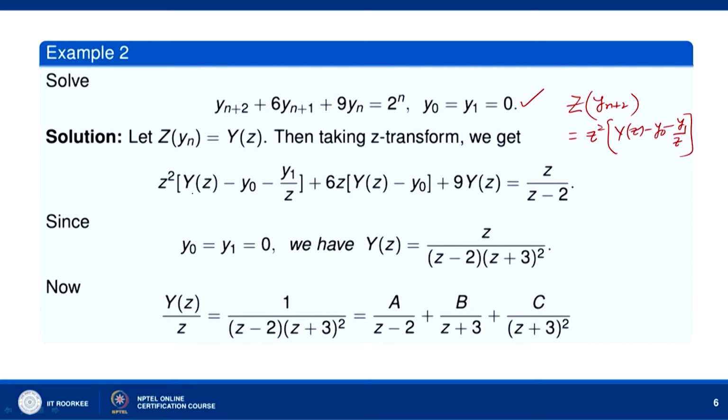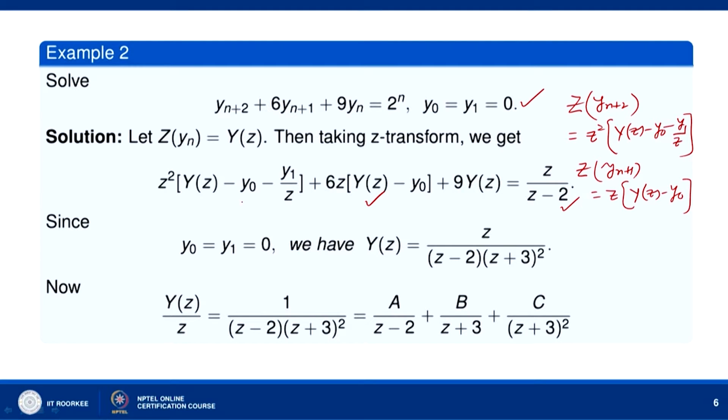So we get z square times (Y(z) minus y(0) minus y(1) over z). Then for y(n plus 1), the z transform of y(n plus 1) by the advance property is z times (Y(z) minus y(0)). So we get this. Then the z transform of y(n) is Y(z), so 9 times Y(z), and the z transform of 2 to the power n is z over z minus 2.